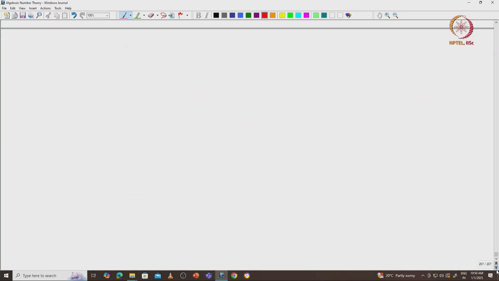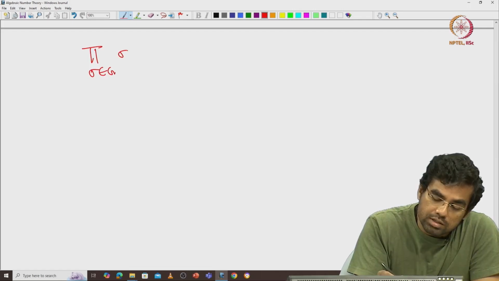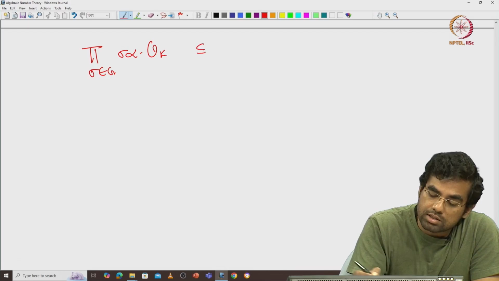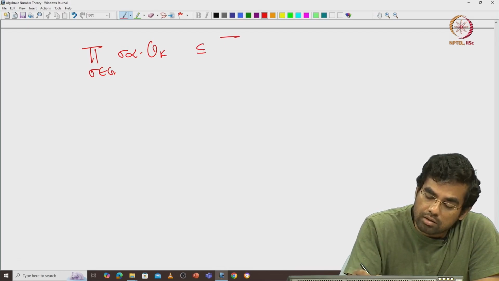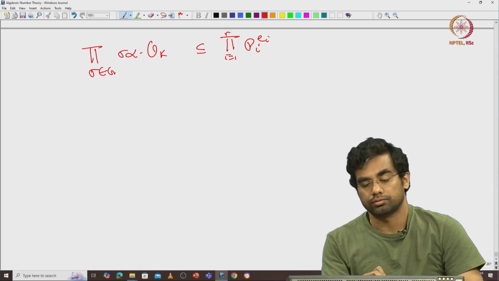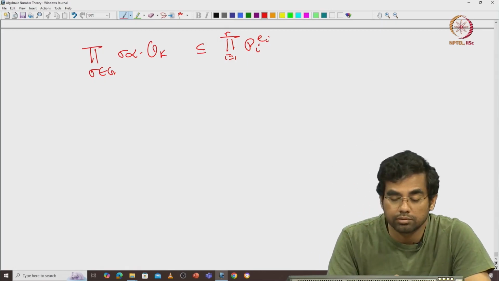Let me rewrite that as the product over sigma in G of sigma alpha times OK. This is contained in the product, i going from 1 to r, of Pi to the ei.